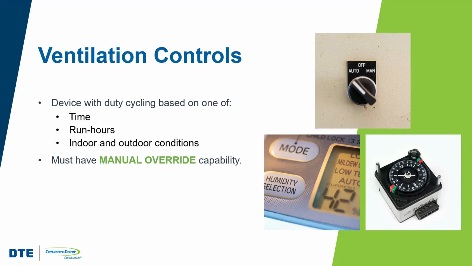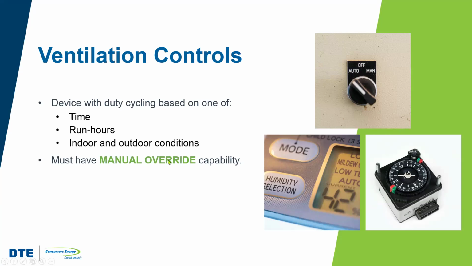But we also want to be looking at the indoor and outdoor air conditions, right? If we're bringing in outdoor air with intent, we want to know what the conditions of that outdoor air are before we bring it into our system, so that the HVAC system knows what it has to do to keep the home comfortable, right?